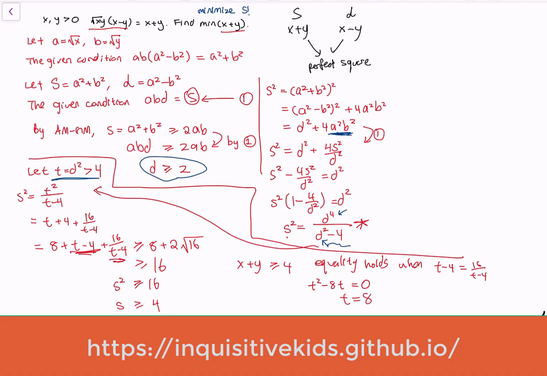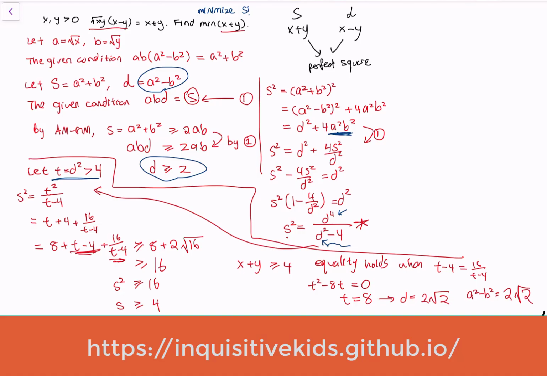So that would mean d, which is the square root of t, is equal to 2 times the square root of 2. And what was d in the first place? Well, we know that d was a squared minus b squared. So a squared minus b squared was equal to 2 times the square root of 2.